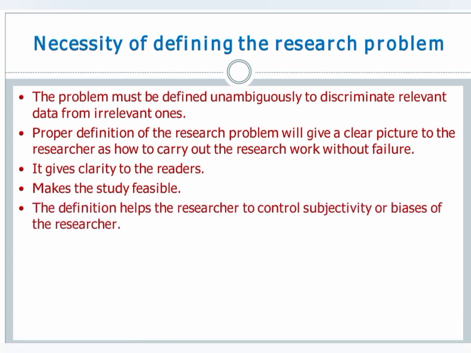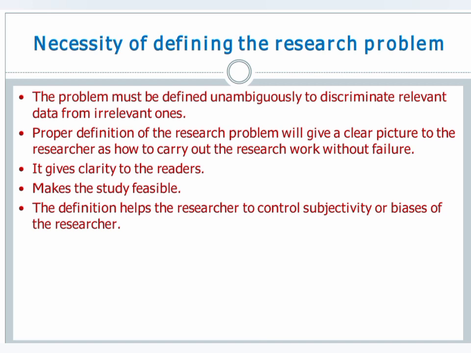The definition helps the researcher to control the subjectivity or biases of the researchers. So if the problem is properly defined, it controls the subjectivity, meaning it doesn't allow the personal beliefs or feelings of a person. That means it is not allowing any individual's own assumptions to be applied to the research problem.